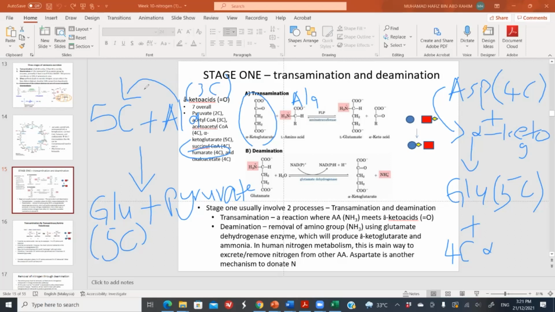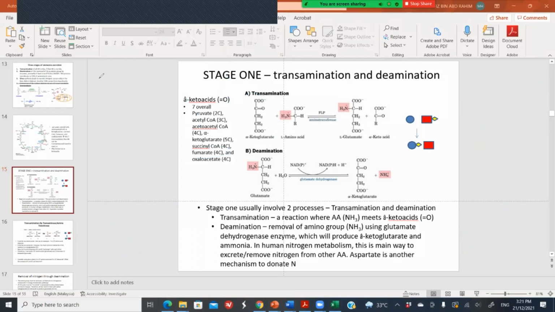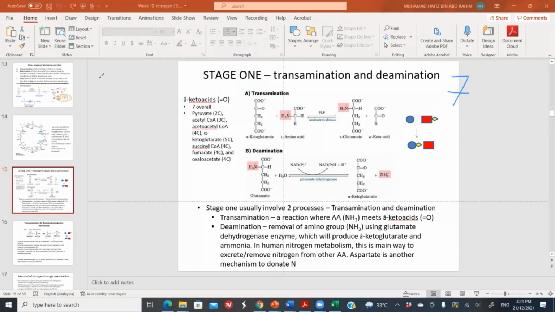Okay, satu lagi contoh so you guys can see. Okay, kata kita ada ni contoh ni imaginary je lah, 7 carbon amino acid. Okay, sebenarnya tak ada 7 carbon amino acid saya rasa ni contoh je lah. Kita produce glutamate which is 5 carbon.